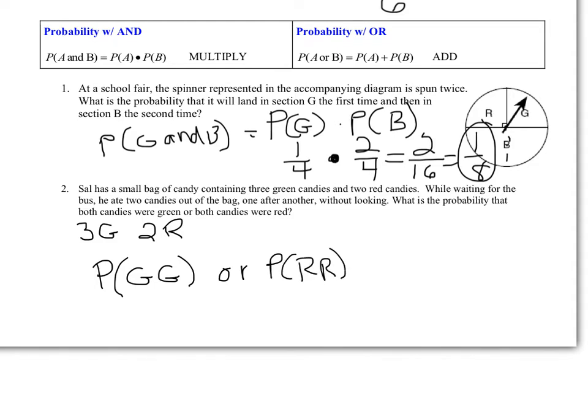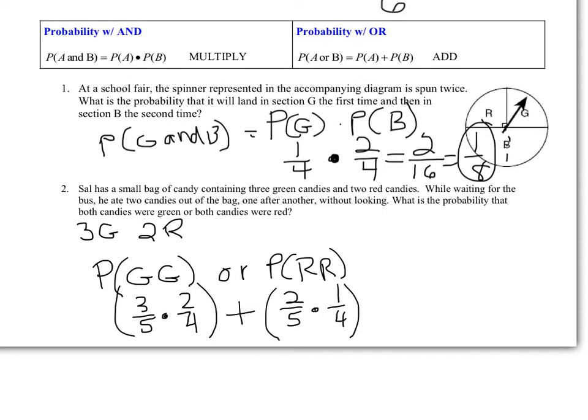The probability of choosing green, green would be 3 out of 5 the first time, and then 2 out of 4. The probabilities decrease because we're taking out a candy. Or the probability of red the first time is 2 out of 5, and the second time would be 1 out of 4.